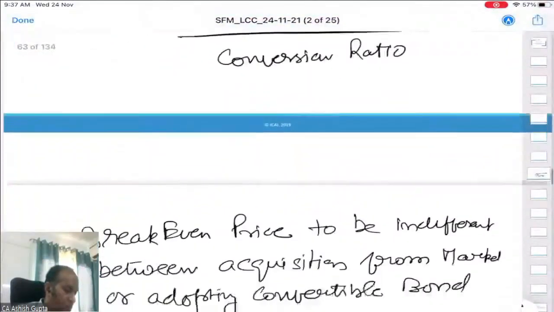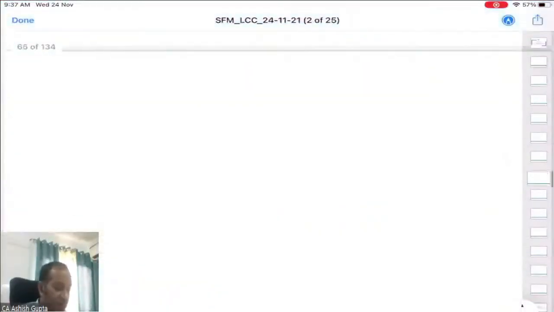So this is the minimum price, the price at which it is costing us.